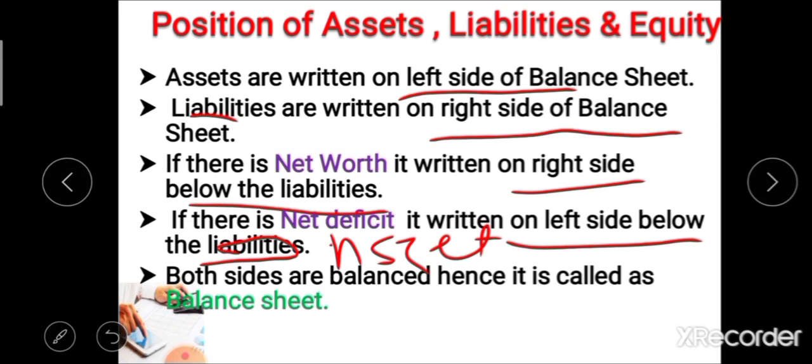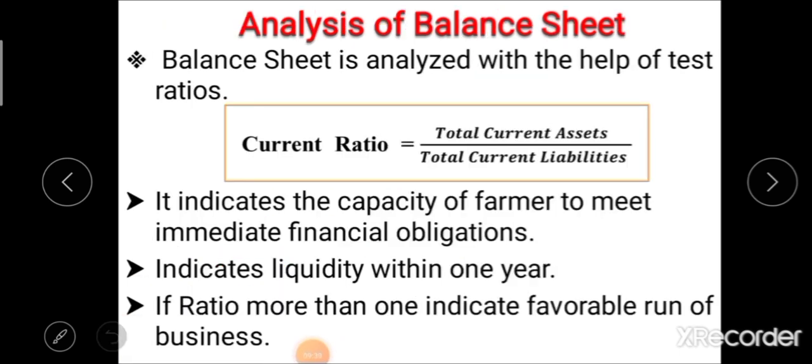Assets are always written on the left hand side, liabilities on the right hand side, net worth on the right hand side below the liabilities, and net deficit on the left side below the assets. Both sides are balanced, hence it is called a balance sheet.